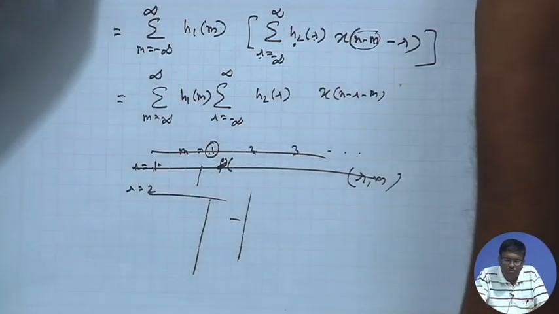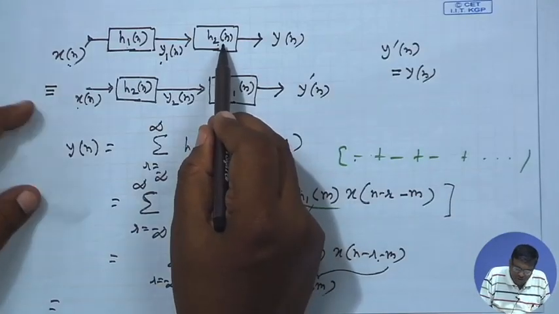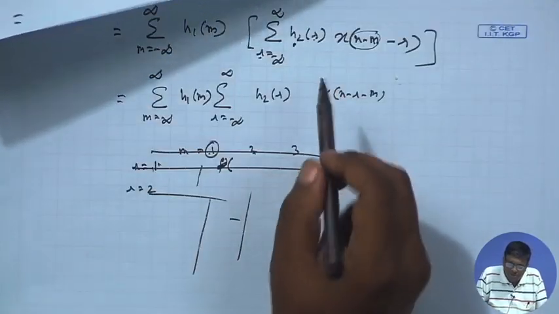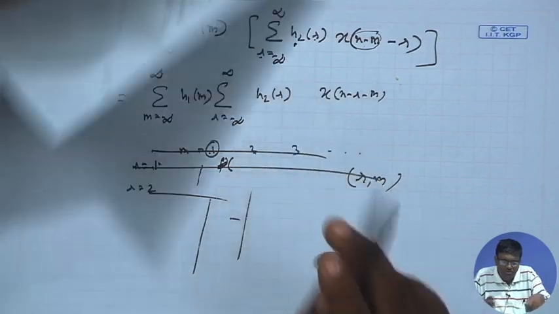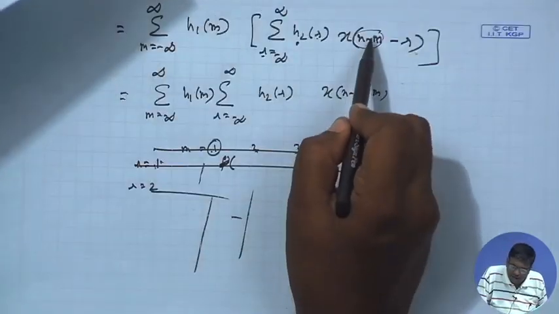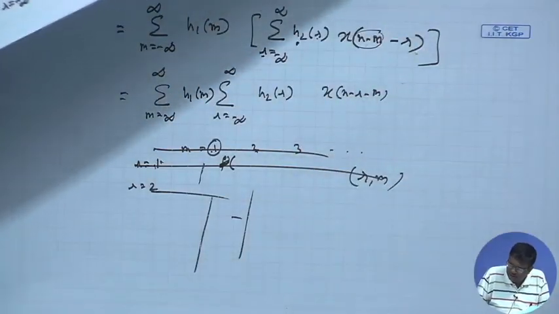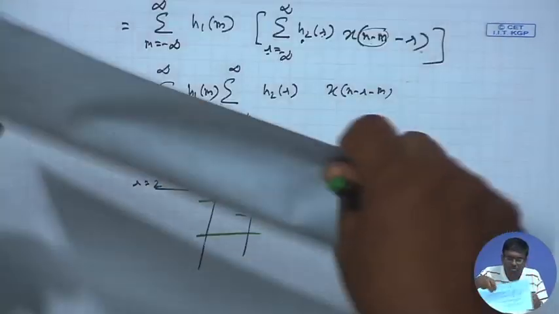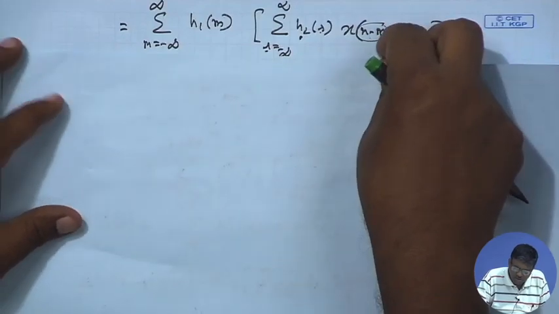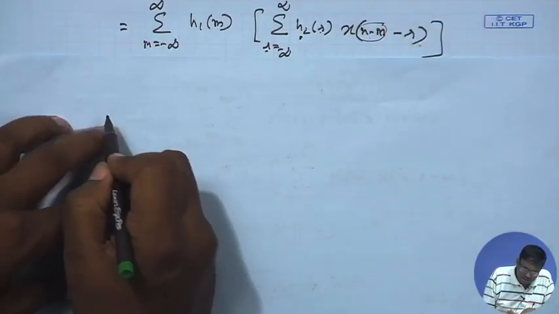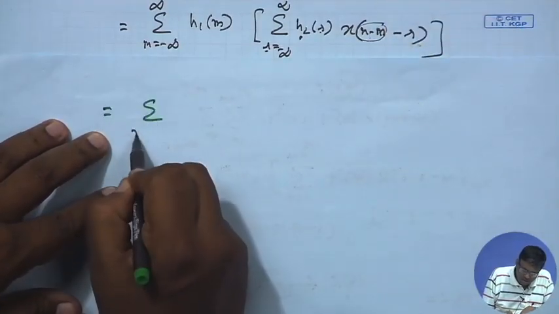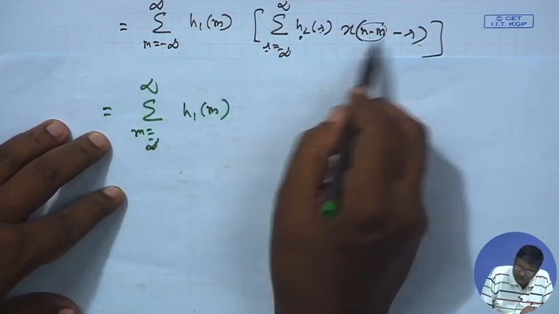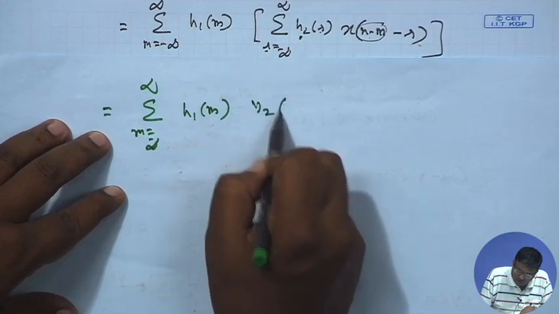Okay. What was the convolution between h2 and x? y2. So, this is y2, but at this point. That means this is h1 m times y2, but at this point.